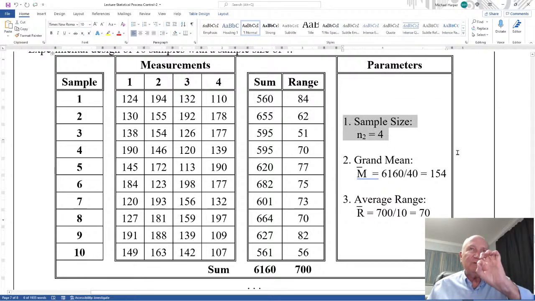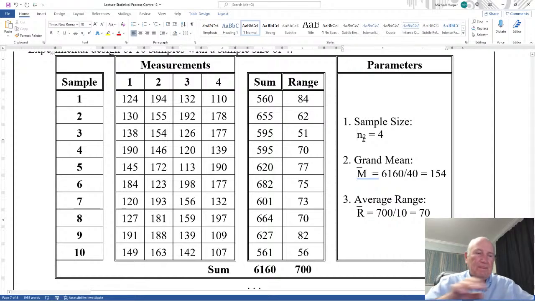The sample size in the experiment will also be the sample size for the chart. So let's just say here n is going to equal n2. So that becomes a parameter. Sample size for the experiment becomes the sample size for the chart.